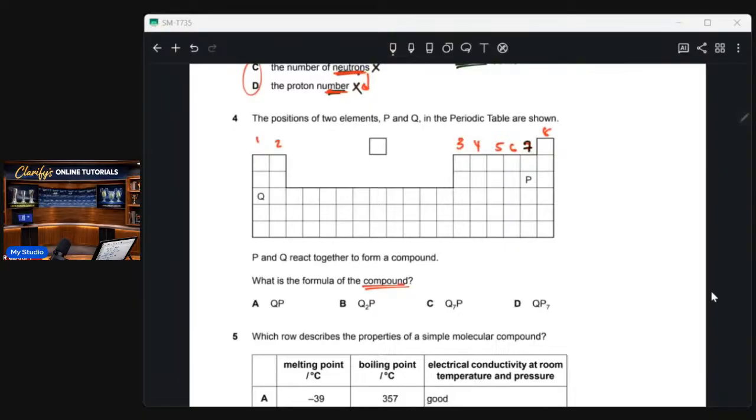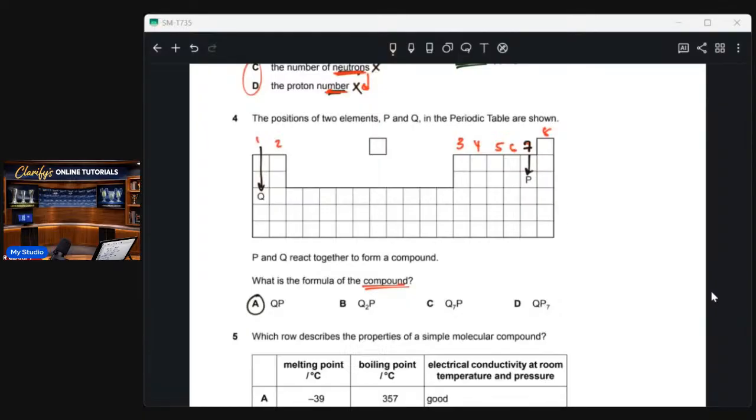This is in group 7, so it only needs 1 electron. This is in group 1, so it is giving away 1 electron. So it will give the 1 electron to this one and they bond. So their ratio is 1:1. Your answer is A. You look at the group number. It tells you the electrons in the last shell.